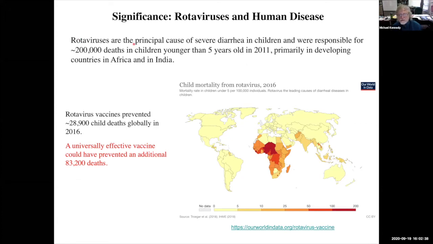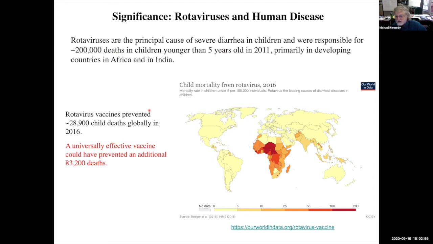rotaviruses are the principal cause of severe diarrhea in children. And as recently as 2011, were responsible for approximately 200,000 deaths in children younger than 5 years old, primarily in developing countries in Africa and in India.